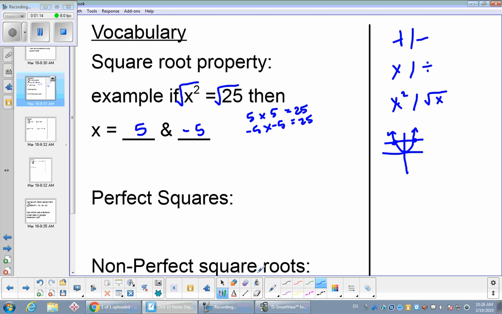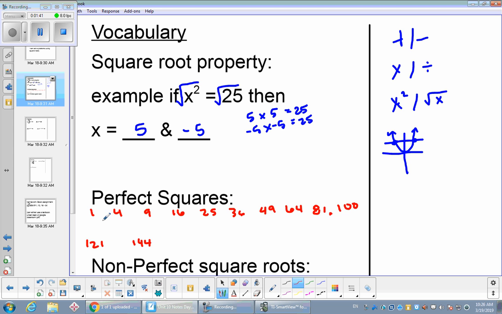Now this next part is something you're for sure going to want to write on your note card. 1, 4, 9, 16, 25, 36, 49, 64, 81, 100, 121, 144.